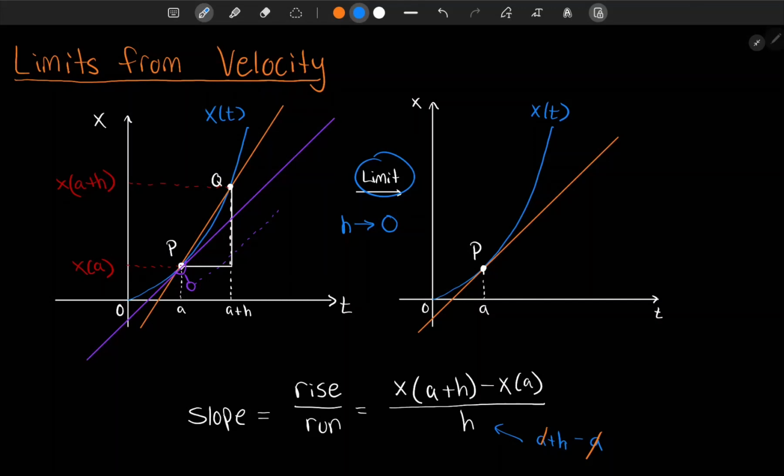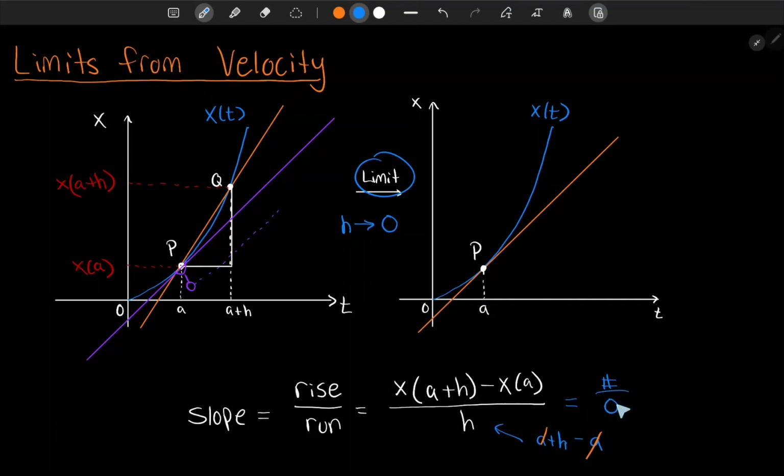But there's an issue with that. Namely, let's look at the slope that we have for the tangent line. As we take h going to 0, we're going to have some number. So if we take h going to 0, we're going to have some number over 0, right?